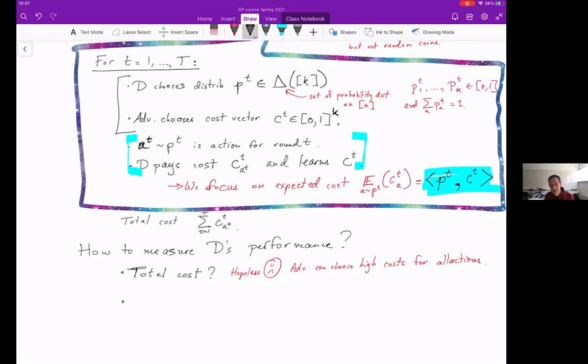Okay, so instead what we'd like to do is measure how well D is doing relative to some function of the costs that the adversary actually chose in a given execution. C1, C2.